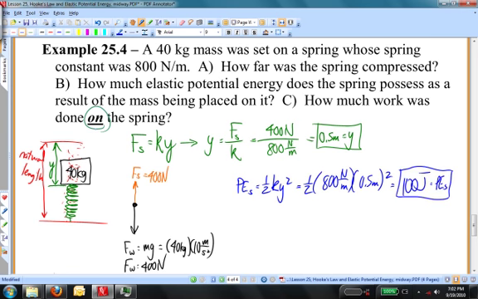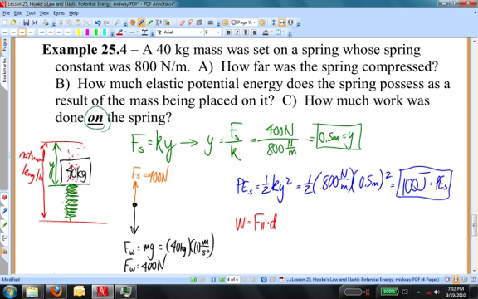How much work was done on the spring? Now, you might think I could say that the work is equal to the force times the distance. And that's true as long as the force that's doing the work is constant. But in this case, that force is not constant. When I compress the spring a little bit, I get a little bit of force.